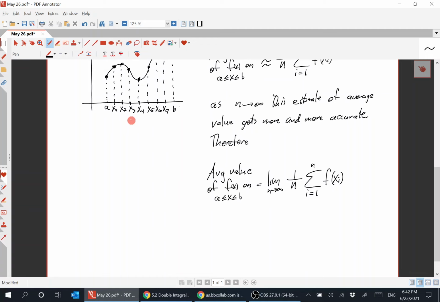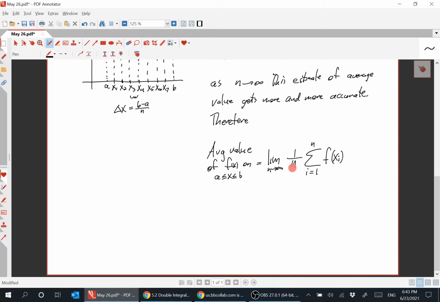Okay, now if you let delta x, which is the width of these subintervals, delta x is equal to, well, what is that? It's b minus a over n, the length of the interval from a to b divided by n equal subintervals.